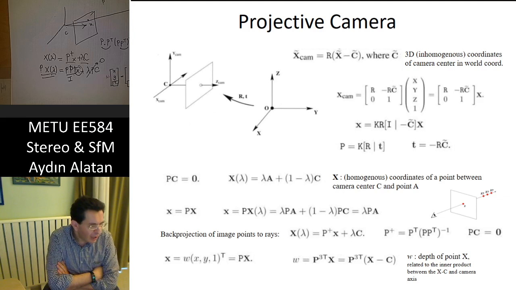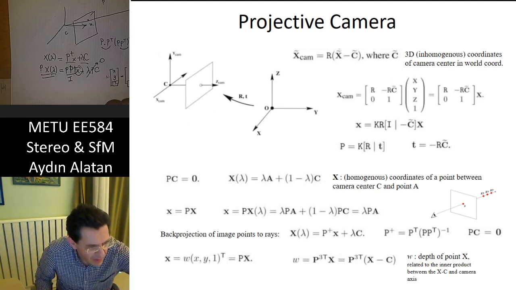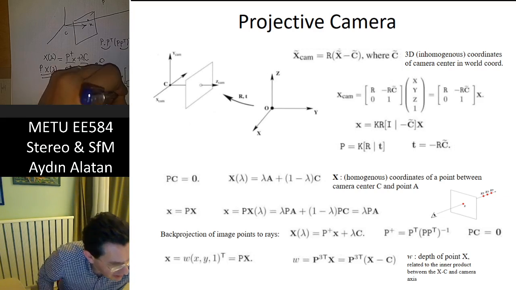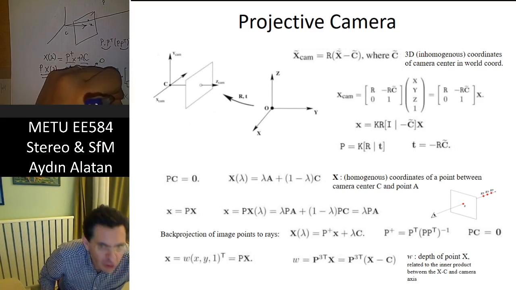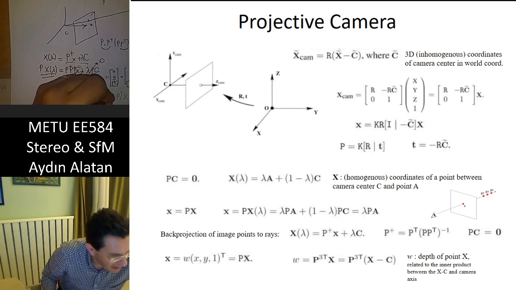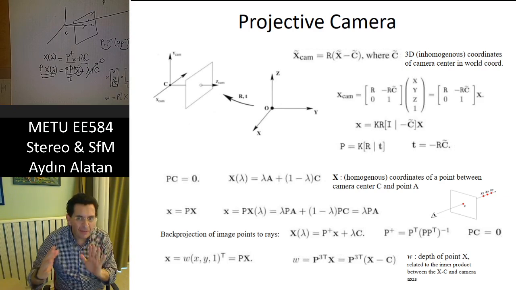But what I'm realizing is this: if you look at P3 transpose times your X, it should give me nothing but W. And that W in fact is nothing but the depth of your point.